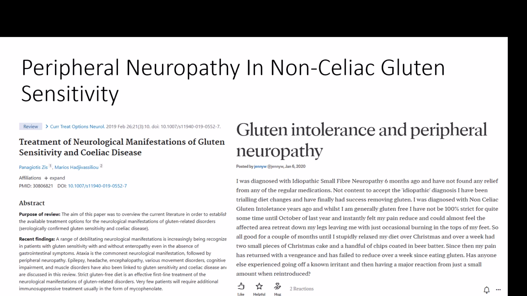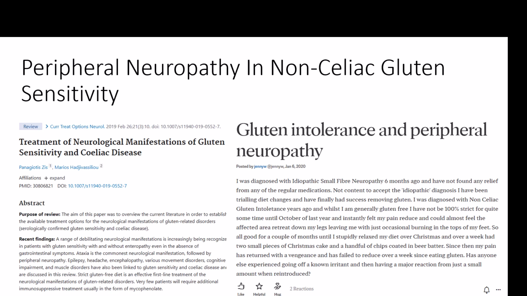And I'll just read from the middle paragraph under the heading Recent Findings. A range of debilitating neurological manifestations is increasingly being recognized in patients with gluten sensitivity with and without enteropathy, even in the absence of gastrointestinal symptoms.